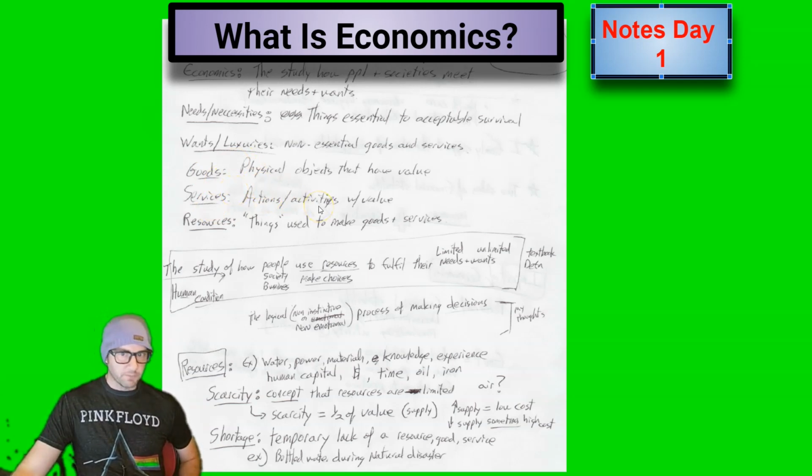We could look at teaching. Teaching is a service, but then we could go even deeper because economics is not cut and dry. Economics is a philosophy. So we could ask, does teaching have goods? Well, teachers do produce a product. We produce our own intellectual property, and is that intellectual property a good? I would argue it probably is. We do have in the United States of America copyright laws.